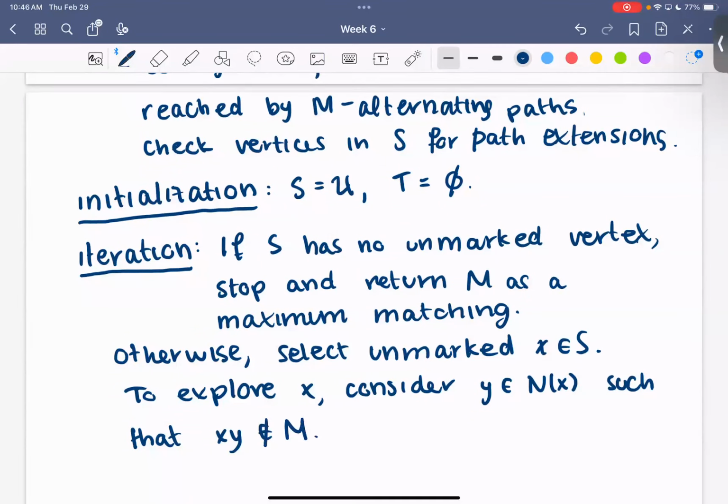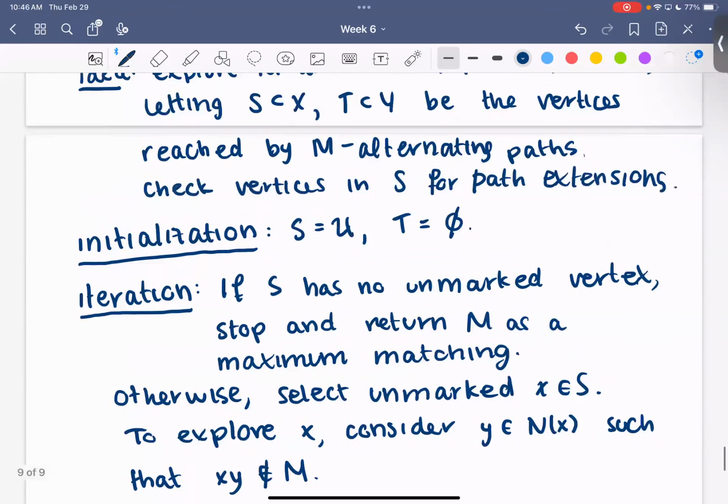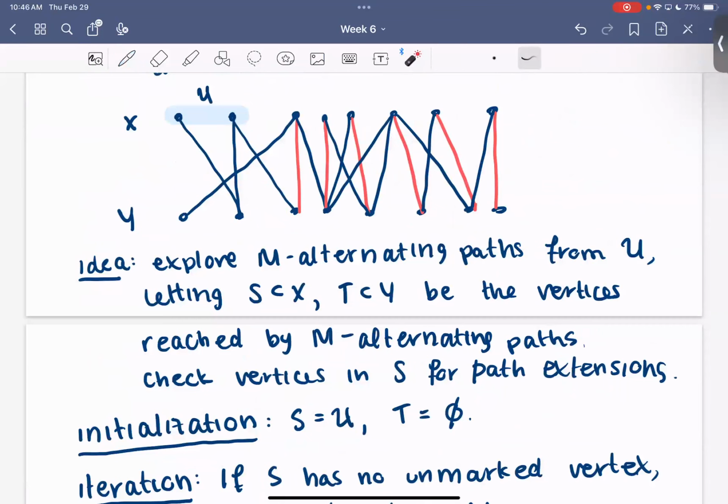Right, because what are we looking for? We're looking for an M augmenting path. So I want to find a path that starts with a blue edge. So if I go back to my picture, let's say this is X. Then my possible Ys would be this vertex and this vertex, but not this one, because we want a path that starts with a blue edge.